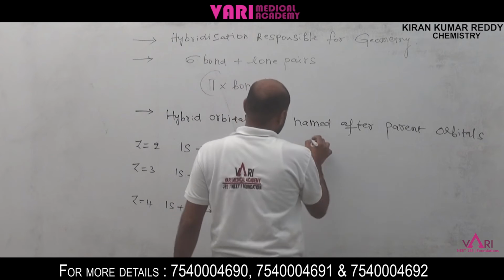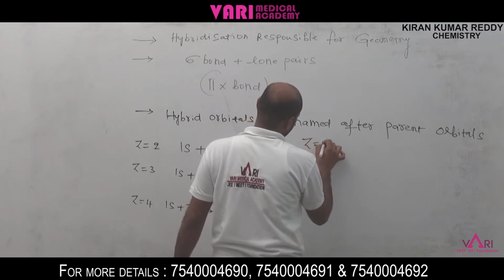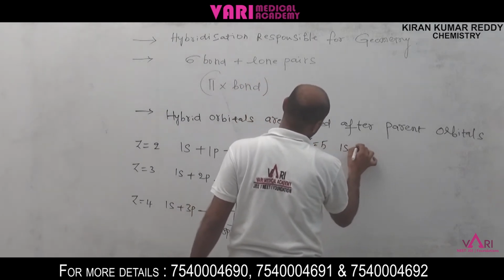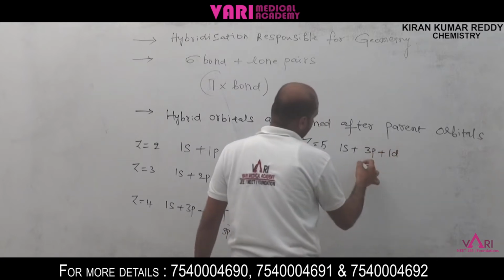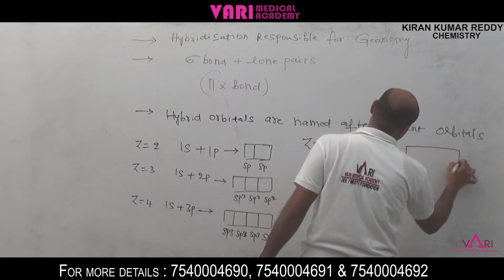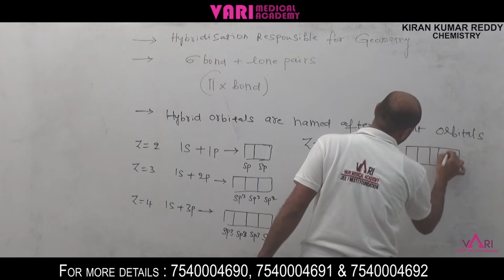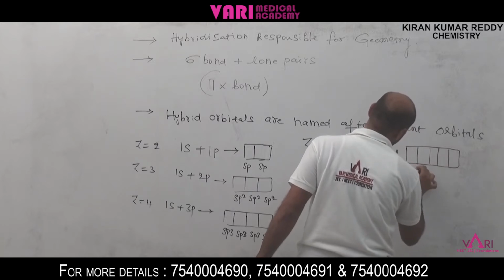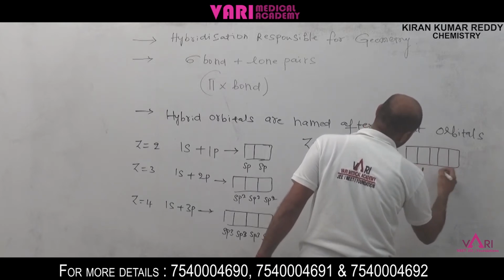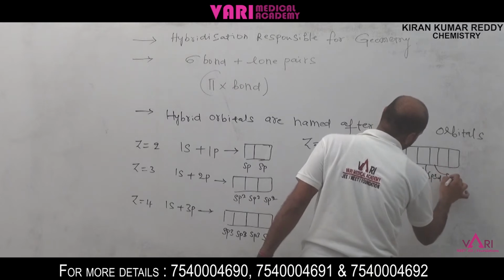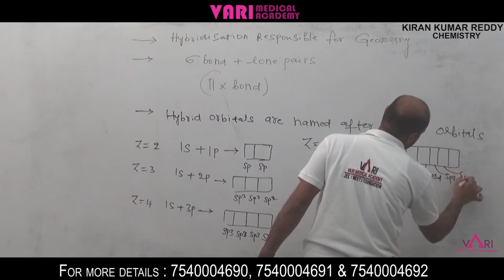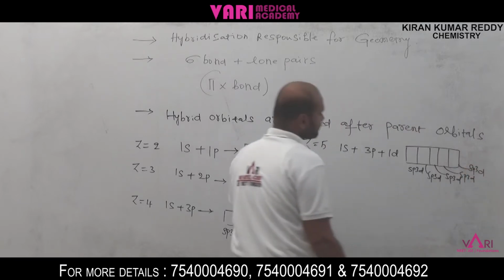Now Z is equal to 5: 1 s orbital, 3 p orbitals and 1 d orbital intermix to form 5 sp3d orbitals, all of them sp3d.